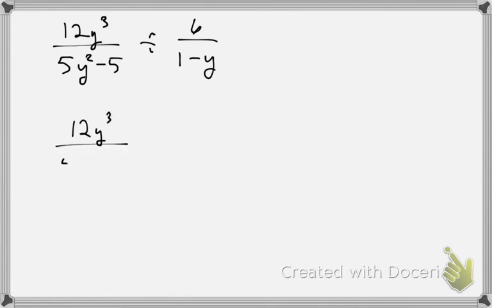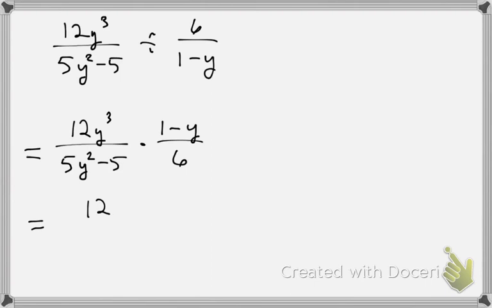So 12y cubed over 5y squared minus 5 times 1 minus y over 6. Right? And then what do we do now? Factor. All right? Factor everything.